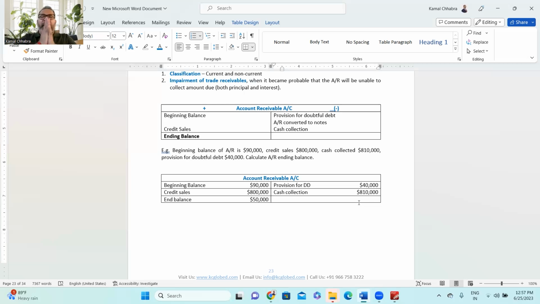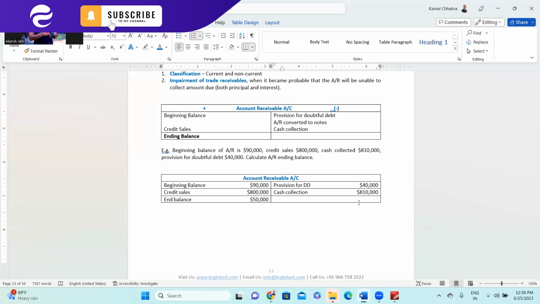Or they will give you all the information and ask you to calculate the ending balance, or the provision for doubtful debt. It can be either way, but definitely one or multiple questions you can expect from this concept in your exam.